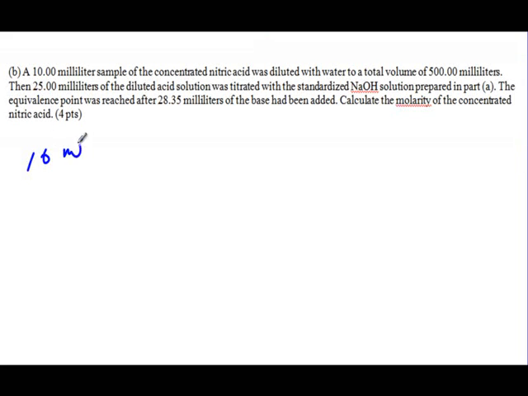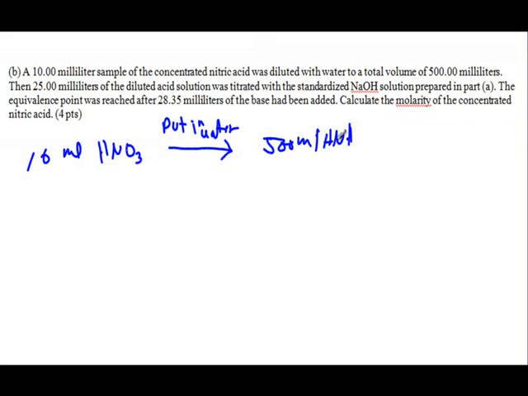Alright, we have 10 milliliters. I'm just going to draw schematically what I have going on here. So I have 10 milliliters of nitric acid that I put in water, and I get 500 milliliters of HNO3 dilute.